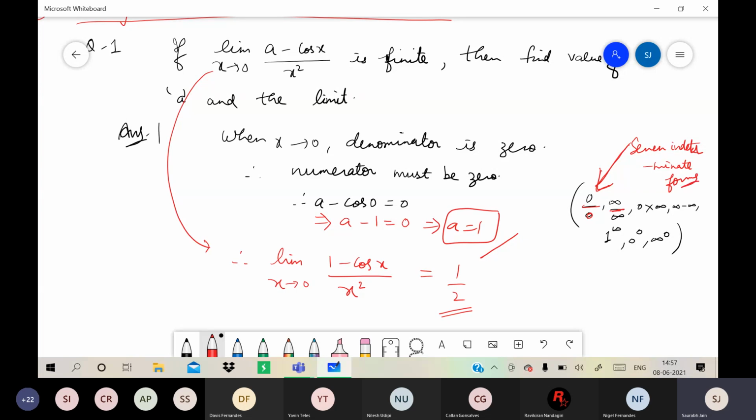That is how we solve. Once you get the value of the unknown, put those values in, and then you can find the limit as we usually do. Any doubt in this question?